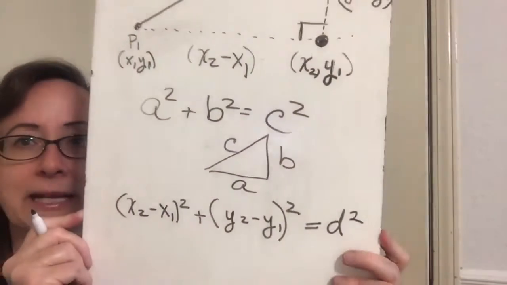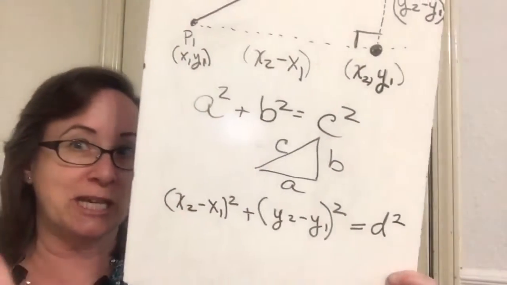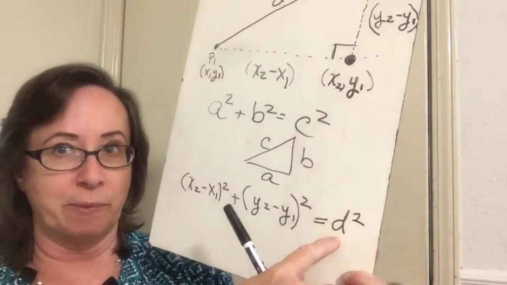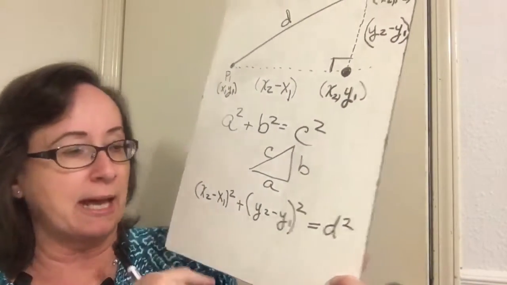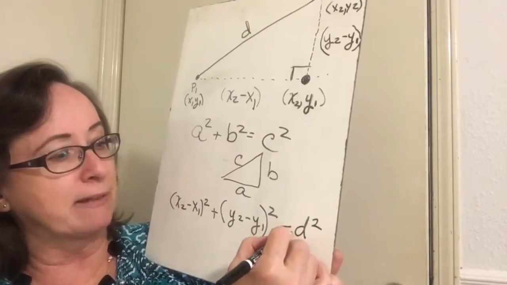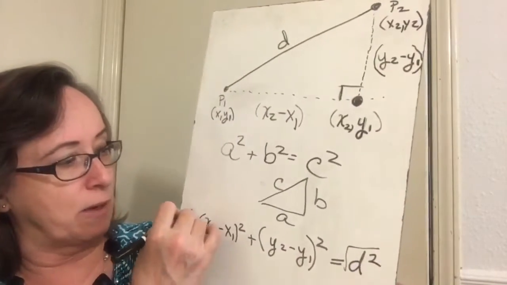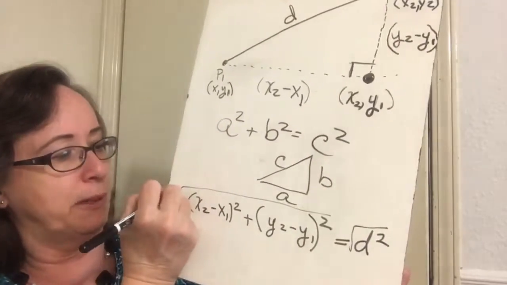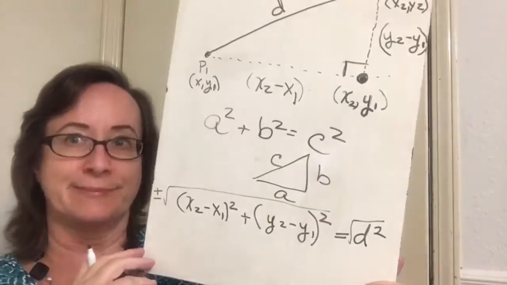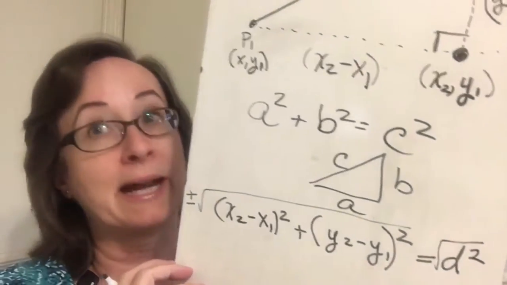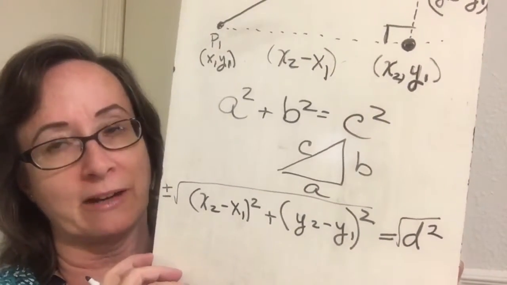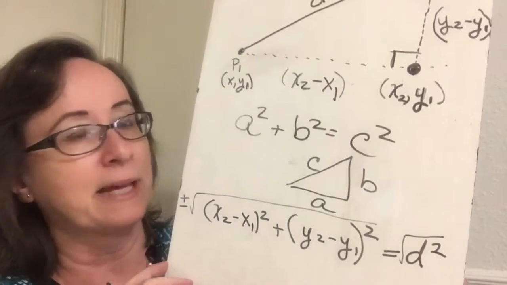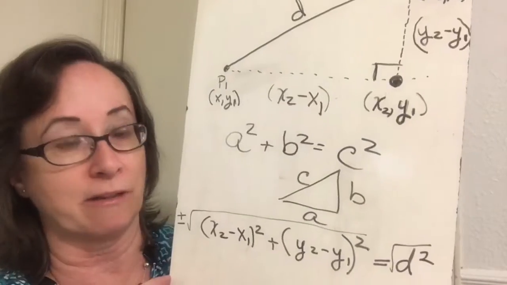Okay, so there is my formula, but what we just finished doing was learning that if we didn't want d squared, we wanted d, we could take the square root of both sides. So we're going to take the square root of that side and the square root of that side. Now, theoretically, shouldn't I put a plus or a minus out here? Yes, theoretically I should. But I am talking about a geometric figure, and we are only interested in a positive distance because we are talking about a geometric figure.